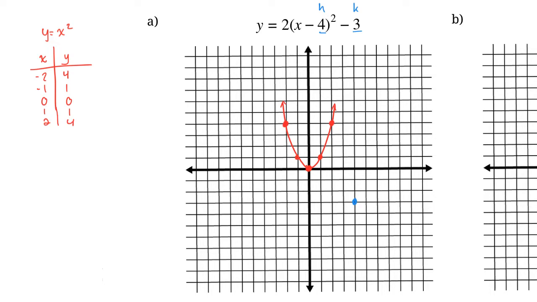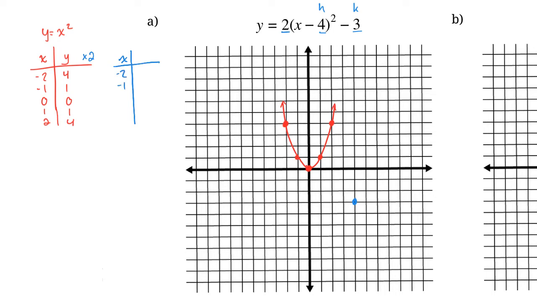Since we have an a value of 2, that means our parabola is going to be vertically stretched by a factor of 2. So that means our y values are actually going to be multiplied by 2. Now we can use that to apply all of these transformations, but we're going to do it in a type of step pattern. So we're going to keep all of these x values the same.